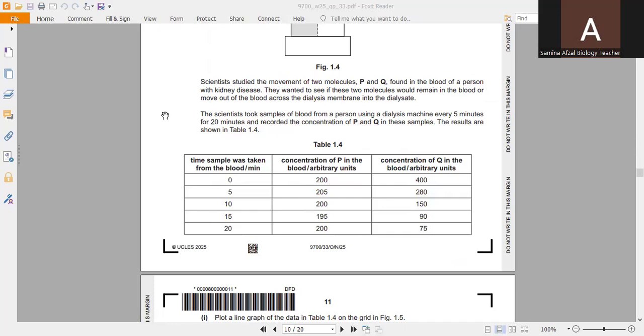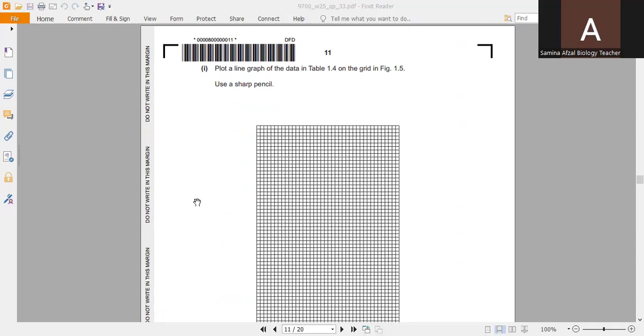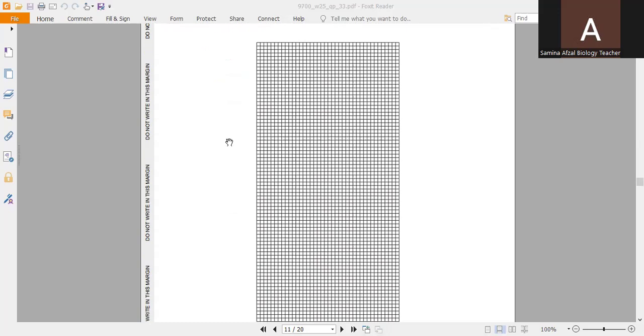So they have given this table 1.4 in which the time the sample was taken from the blood is 0, 5, 10, 15, and 20 minutes. The concentration of P in the blood in arbitrary units was 200, 25, and 200, and for Q it was different. So plot a line graph of the data in table 1.4 on the grid in figure 1.5. Use a sharp pencil.